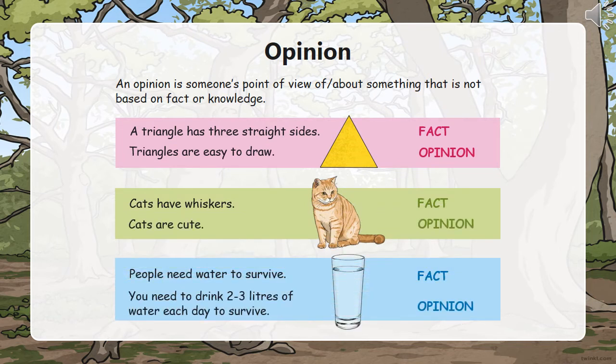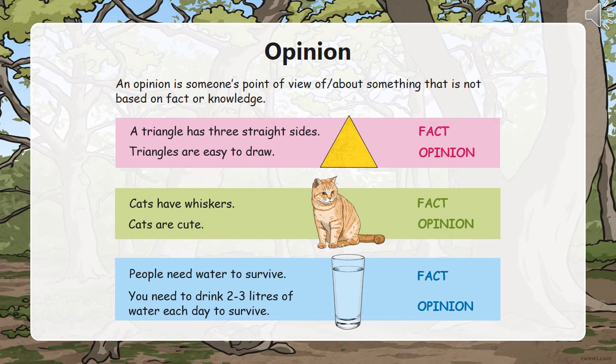Now, an opinion is someone's point of view about something that is not based on fact or knowledge. So, the fact of the triangle is that it has three sides. The opinion is that triangles are easy to draw. The fact about the cat was that cats have whiskers, and the opinion would be that cats are cute.